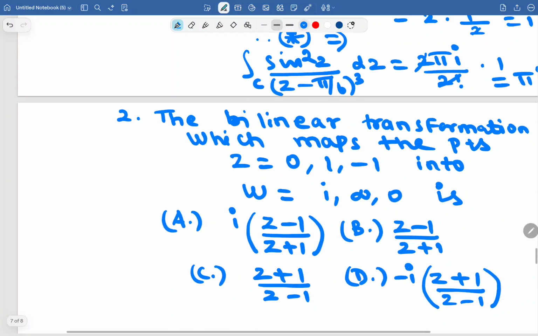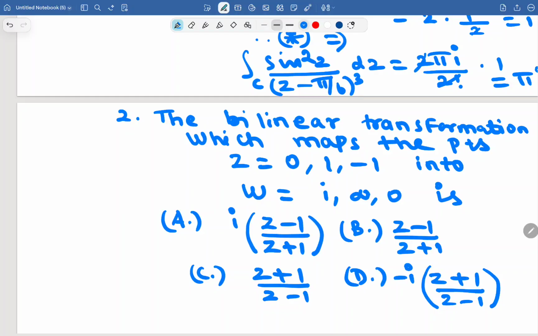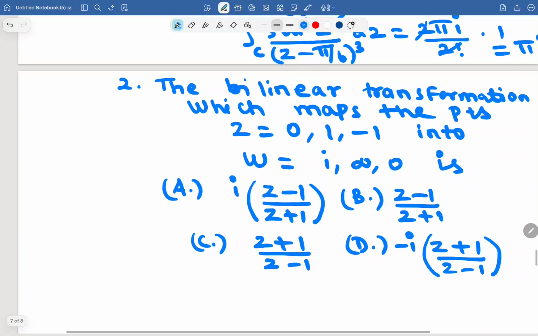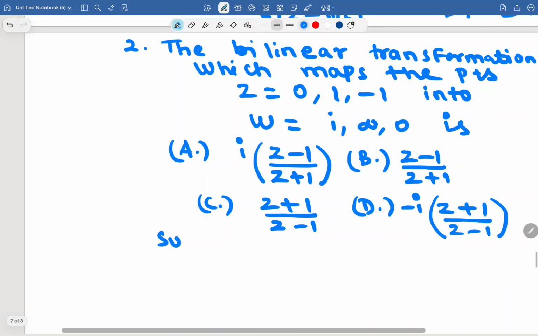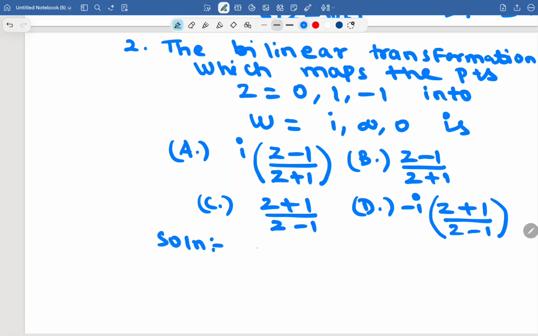The problem is from complex analysis. We have to find the bilinear transformation. Bilinear transformation means it is of the form Az plus B by Cz plus D. Either by using formula we may get the answer for this problem, or otherwise in a quick way, by substituting the value of z in all the options, we may get the answer for W. See, in the first option, I z minus 1 by z plus 1, I am substituting the first point z equal to 0.